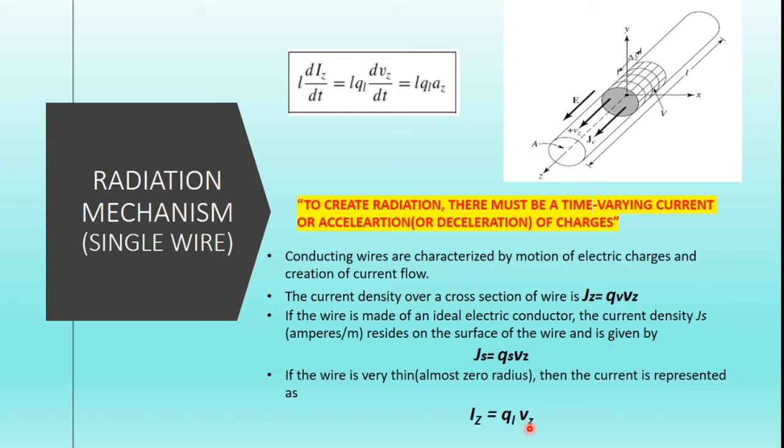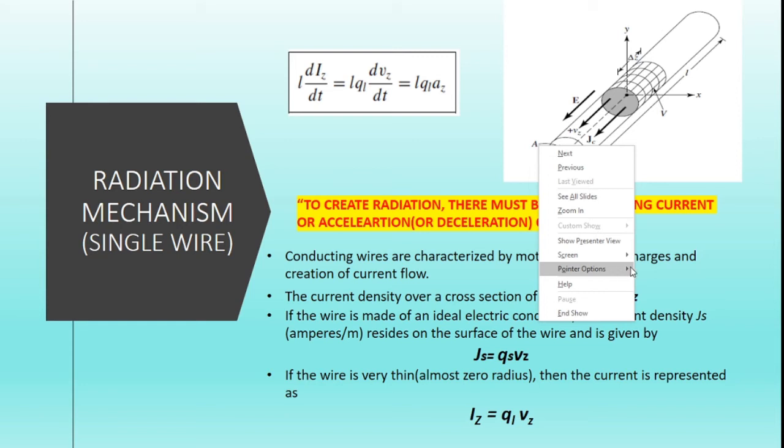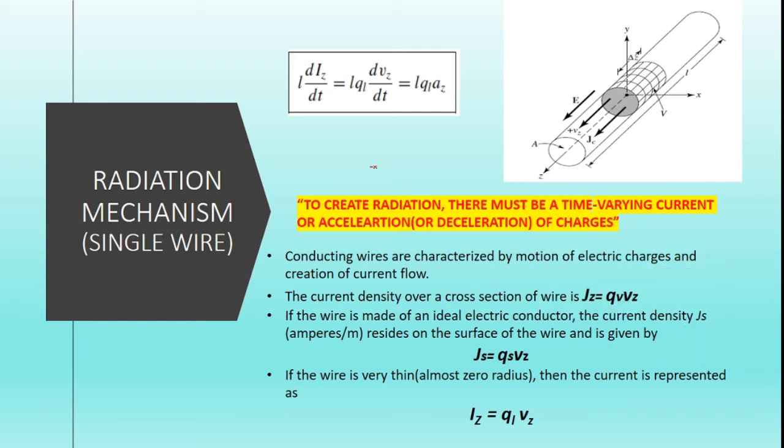Vz, as we saw earlier, is the velocity in the Z direction, since the wire is placed in the Z direction, and QL represents the charge per unit length. Since we assumed zero radius, we no longer talk of area, only of the length L of the wire. The charge through the length L is QL, and Vz represents the velocity with which the current is flowing through this wire, and that is given by the current Iz.